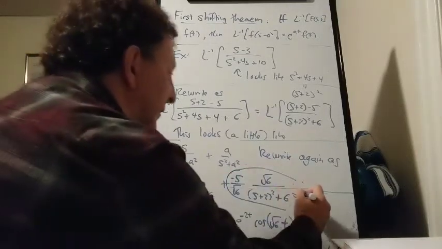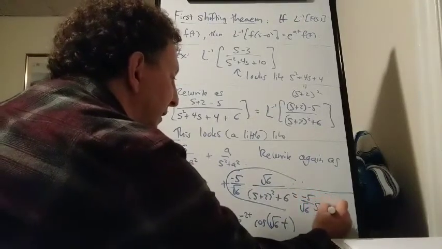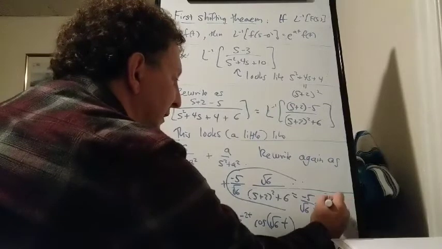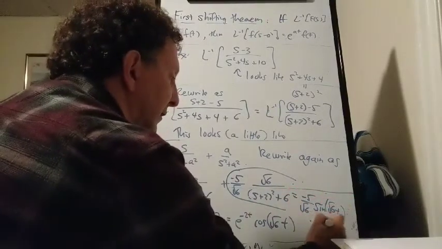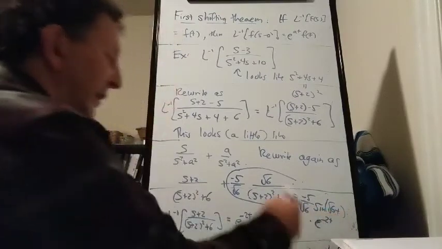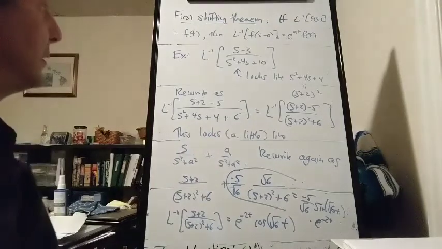So this part is negative 5 over square root of 6 sine of square root of 6t times e to the negative 2t, because s plus 2 is the same as s minus negative 2.